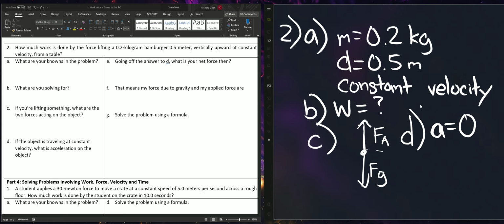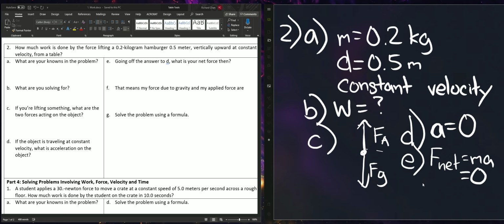If your velocity is constant, your acceleration is 0. Well, if my a is 0, then my F net must be 0 as well, because F net is ma.